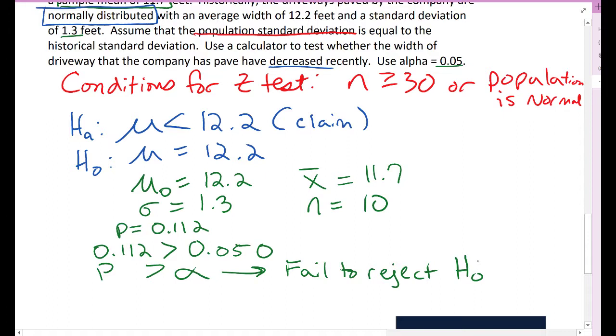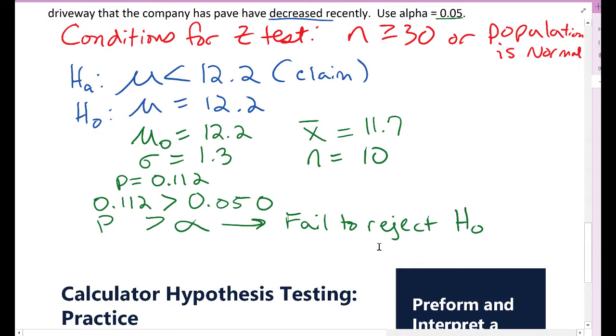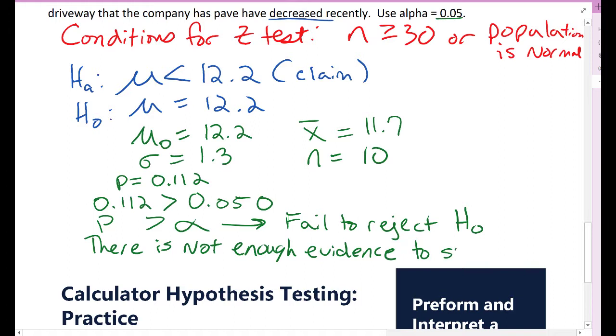Which means what? What's the interpretation? Because we are failing, there is not enough evidence to support the claim because the claim was an HA.